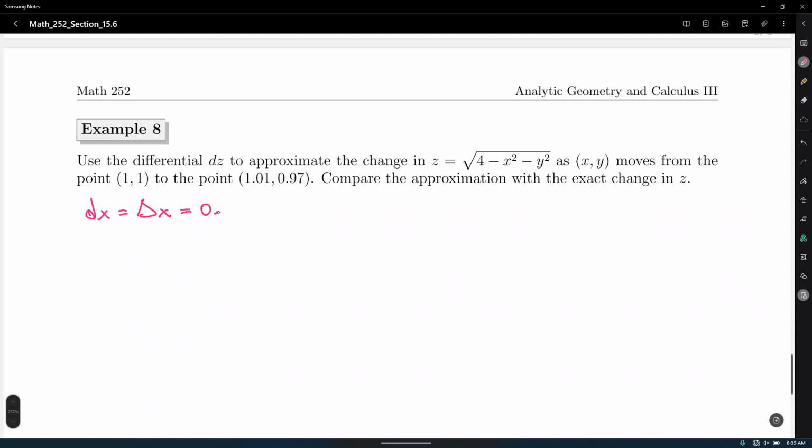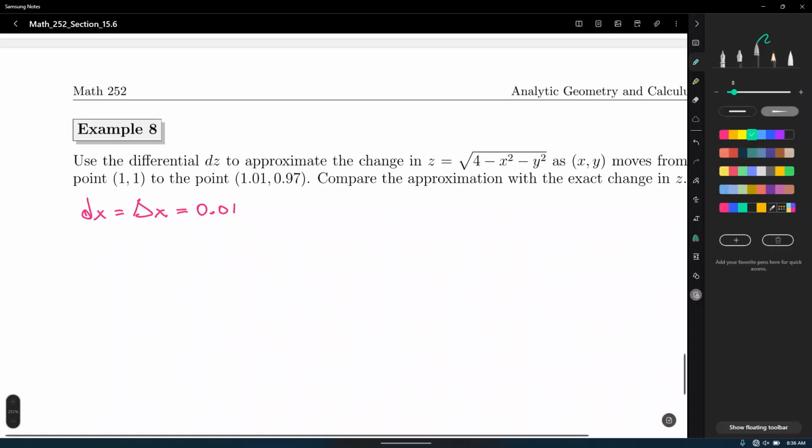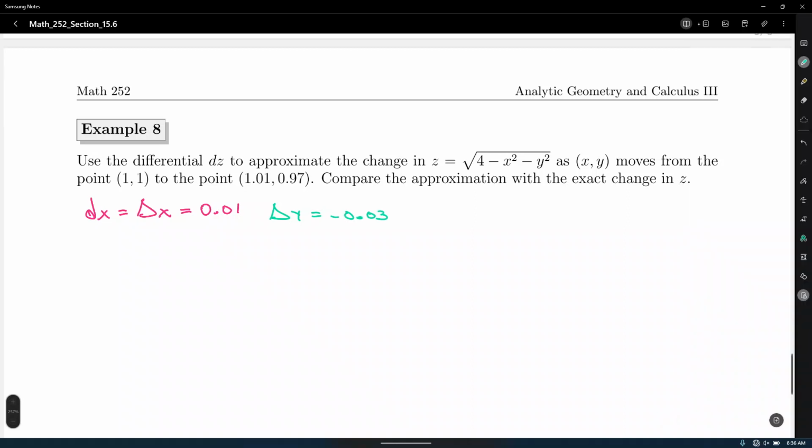Isn't that 0.01? But careful with delta y. Delta y equals, okay, how many units to go from 1 to 0.97? Negative, right? Because it's decreasing. It's a decrement this time. That is negative 0.03. Okay?